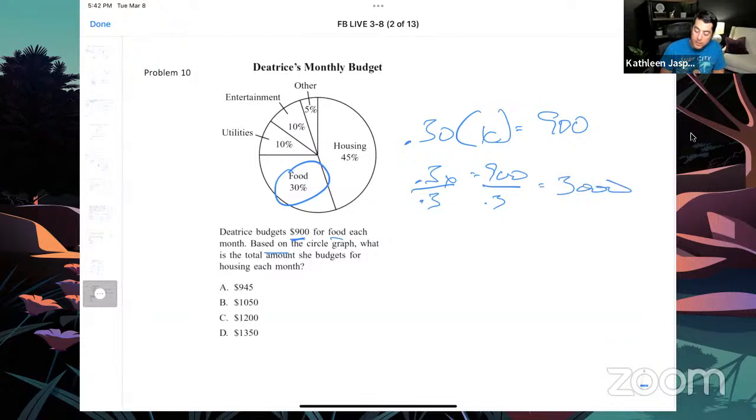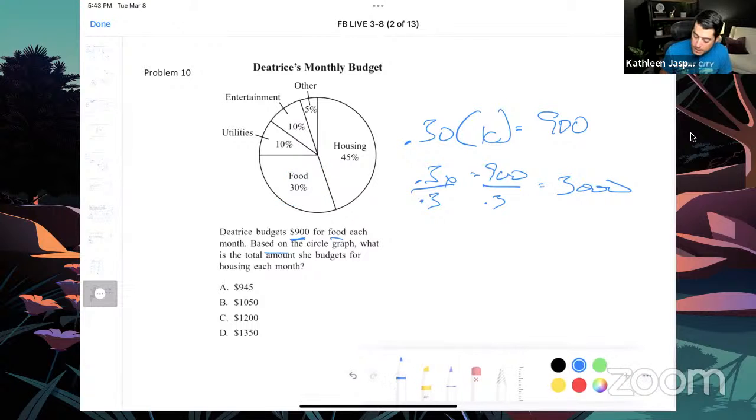So our entire budget is worth $3,000. It's asking us, based on the graph, what is the total amount she budgets for housing? So it needs us to figure out what food is first, so that we can figure out what housing is. Housing represents 45%.